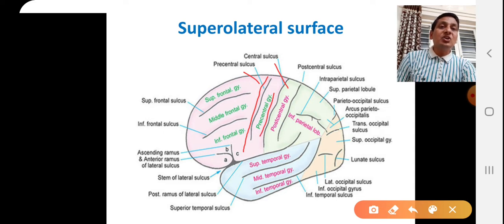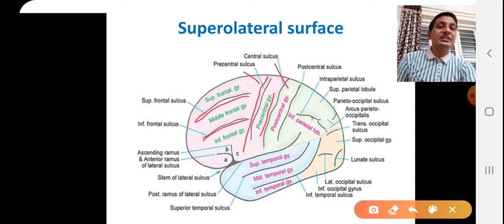Now, in front of the precentral sulcus, there are two sulci, the superior frontal sulcus and inferior frontal sulcus. By these sulci, this area is divided into three gyri, that is superior frontal gyrus, middle frontal gyrus and inferior frontal gyrus.